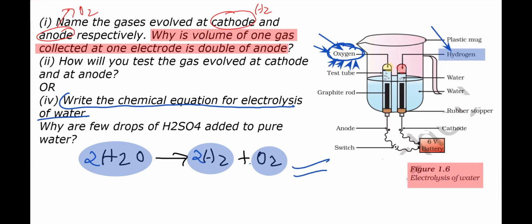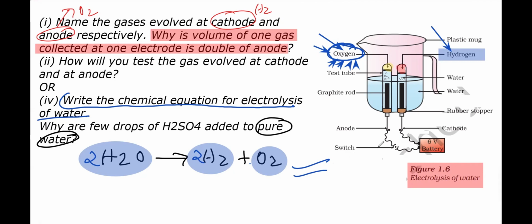There's one extended part, and that is: why are a few drops of sulfuric acid added to pure water? Instead of sulfuric acid, it can be hydrochloric acid. What you know is that pure water here means distilled water, and distilled water is a poor conductor of electricity.